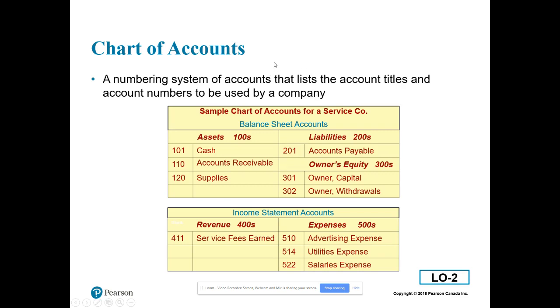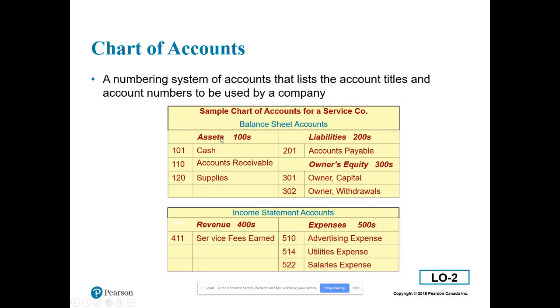So also within the chart of accounts, we use a numbering system. And in the book, we use a 3-digit numbering system. So all of the assets are in the 100 range. The liabilities are in the 200s. The owner's equity accounts are in the 300s, revenues are in the 400s, and expenses are listed in the 500s. So a chart of accounts would have the account numbers listed, as well as the account description, the names.